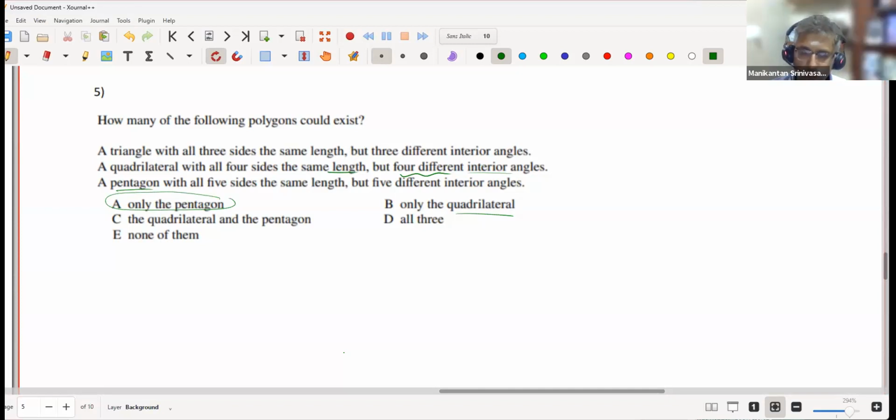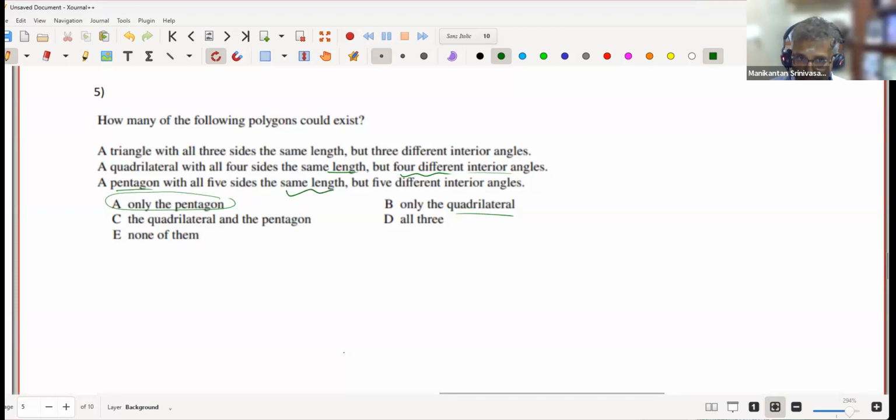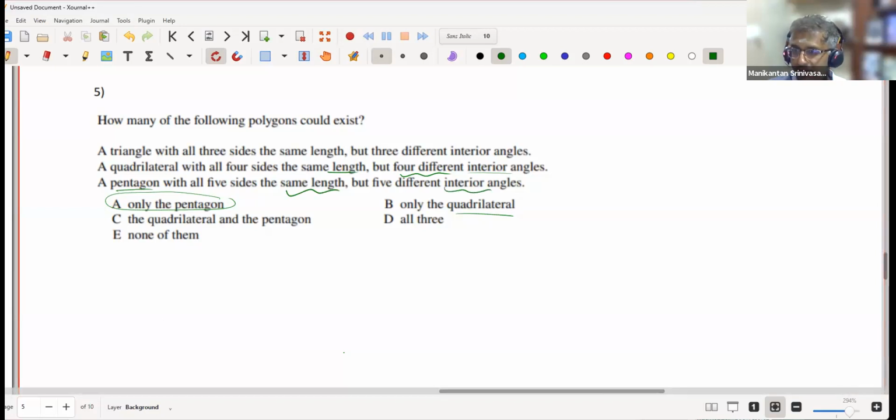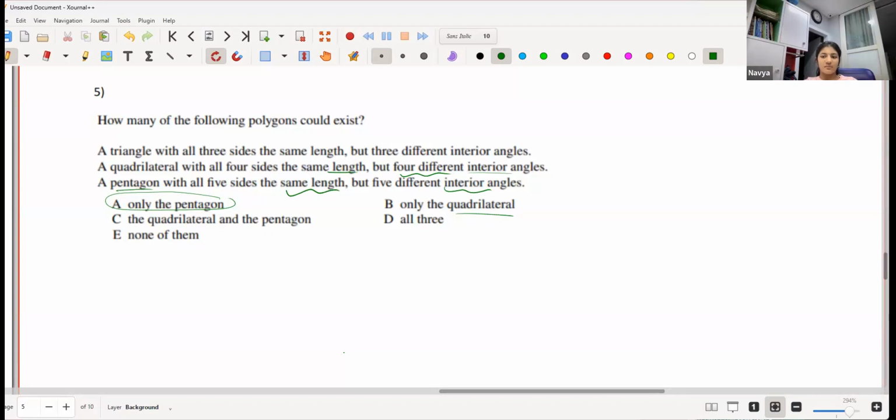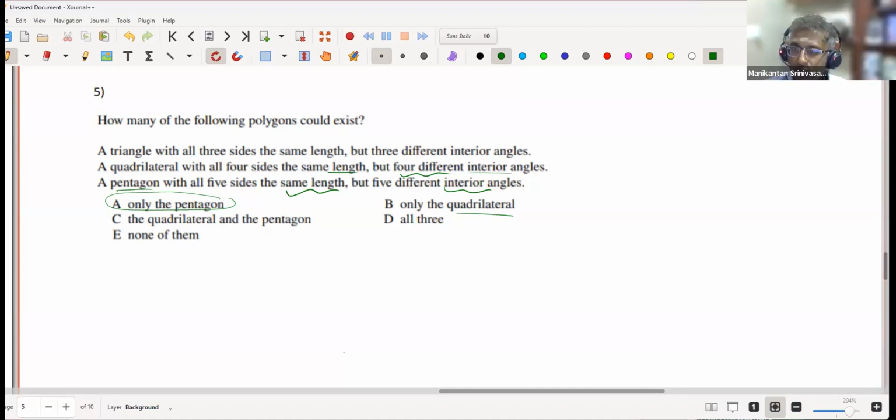I didn't understand. You can always form a regular pentagon where all the sides are equal and all the angles are equal. Here the question is, can I have a pentagon where all the sides are equal, but the angles are different, right? Yeah, but as soon as all sides are equal, it becomes a regular polygon which has the same interior angle measure. As soon as all sides are equal, it does not become a regular polygon. In fact, even for a quadrilateral, we saw a rhombus is not a regular polygon.